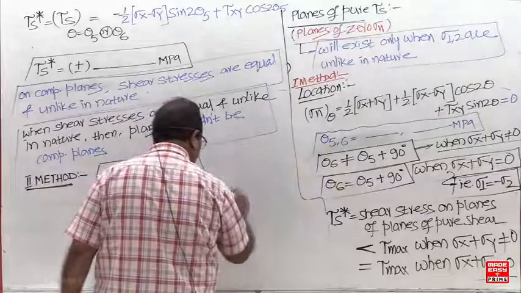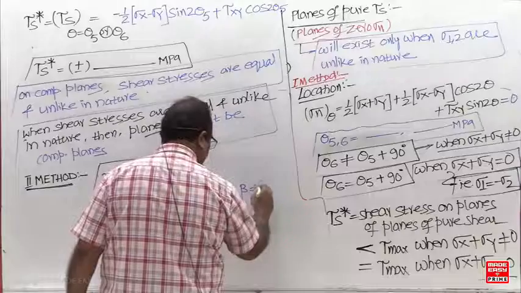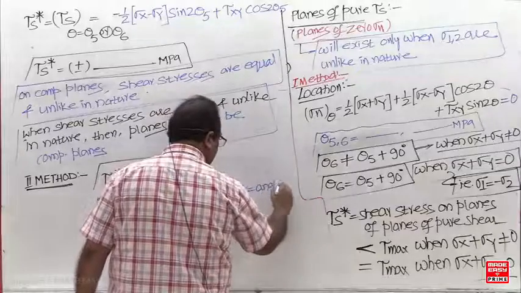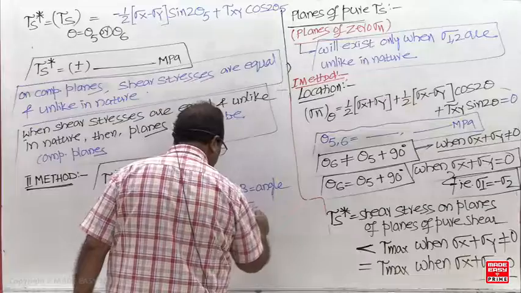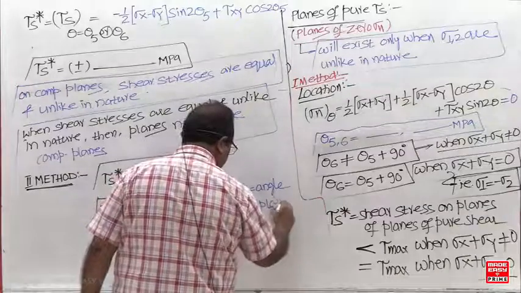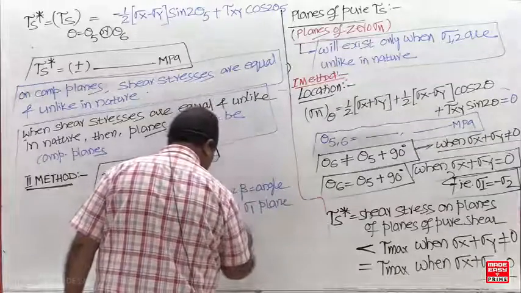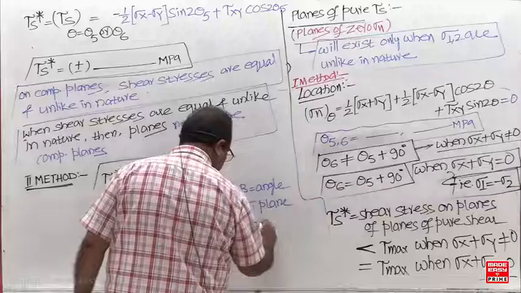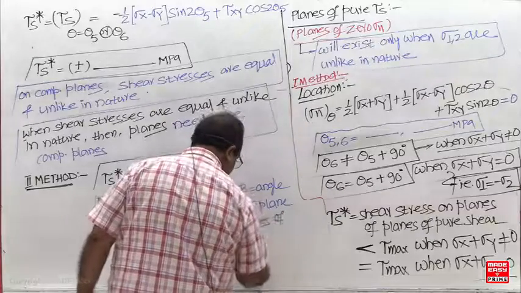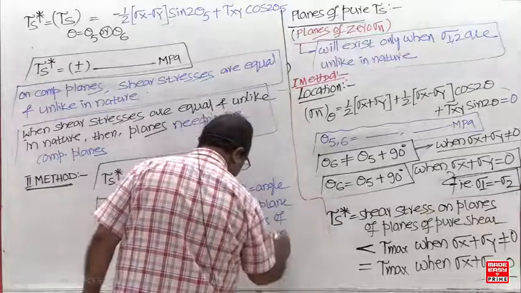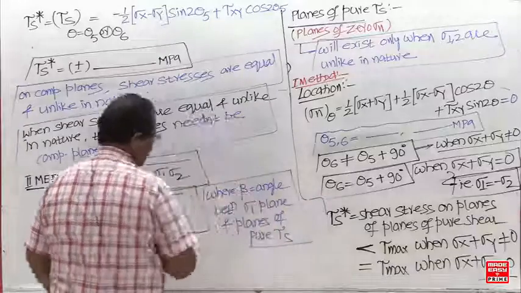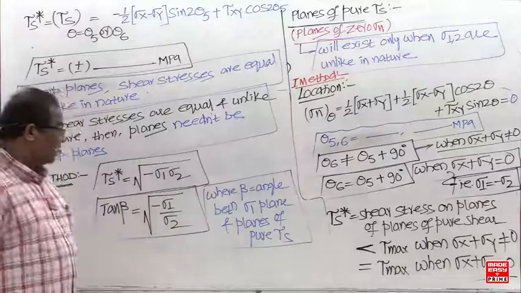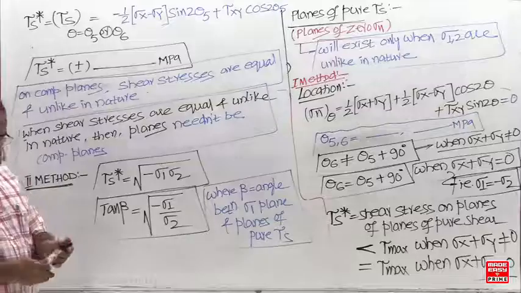Beta is the angle between the sigma 1 plane and the planes of pure shear stress.